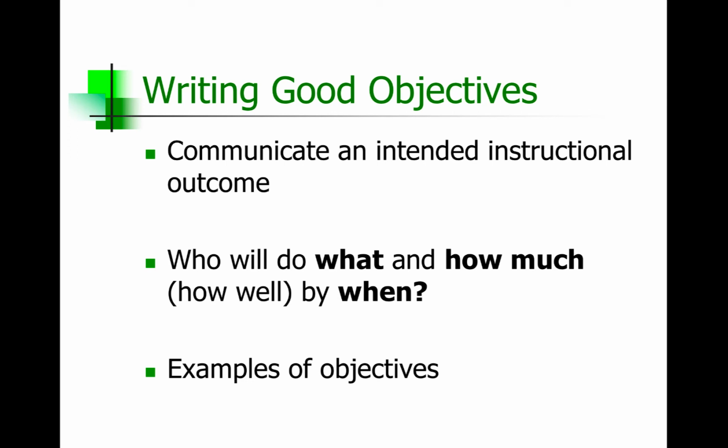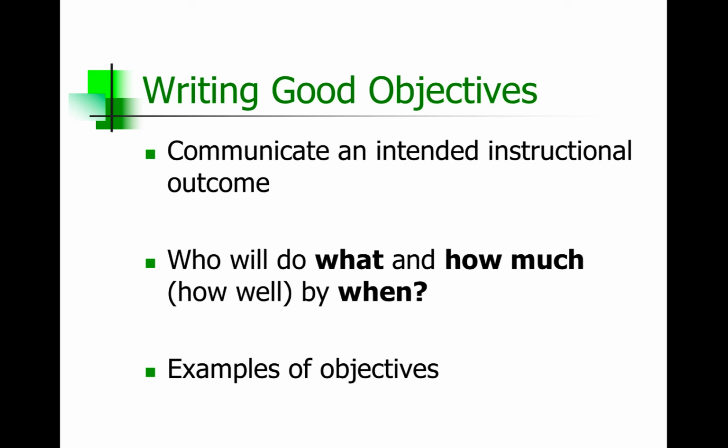So good learning objectives communicate the intended instructional outcome. Specifically, what did you want your learner to learn? Who will do what, how much, by when? The learner will learn something to what degree?